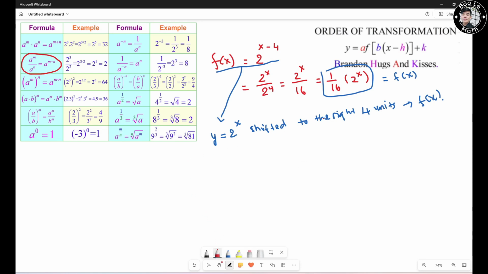So the second way to understand this one is the function y equals 2 to the x after a vertical dilation by a factor of 1/16 to get f of x. So keep that in mind, this guy and this guy should be the same, right? It's just different ways of transformation, but they're both the same.